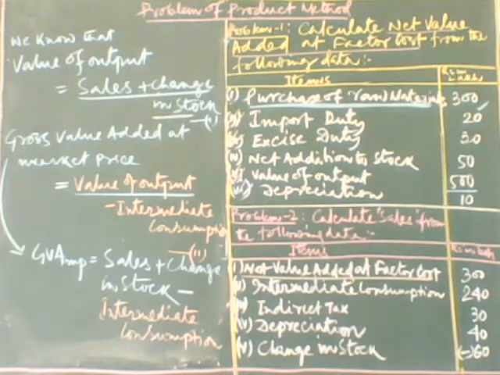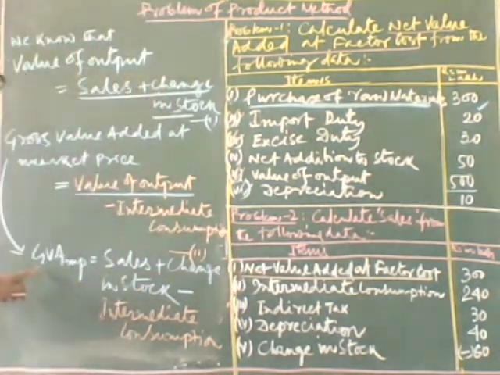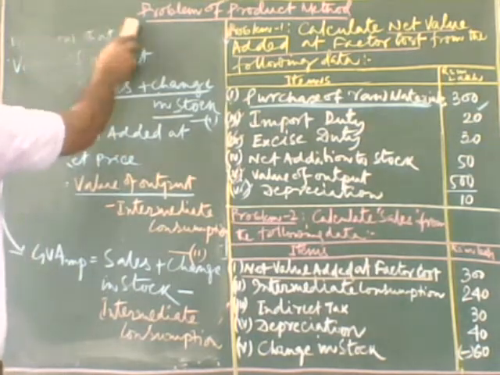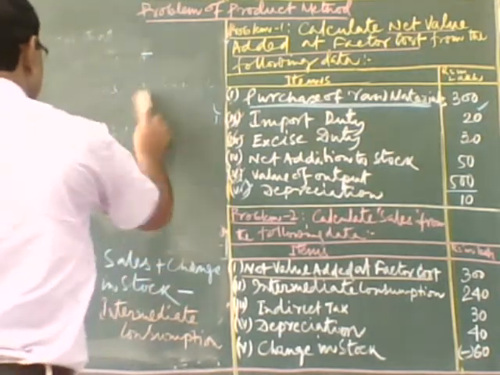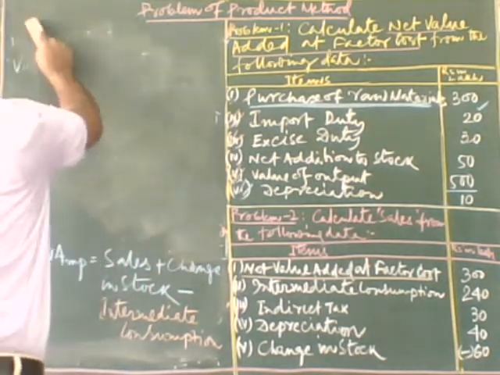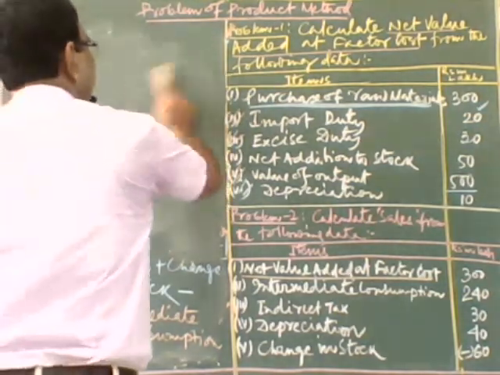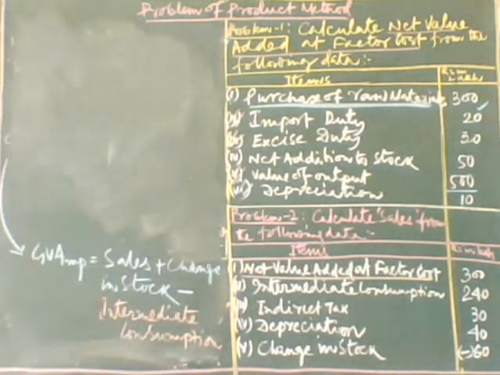Because here the question does not directly give the gross value added at market price. So first we have to calculate GVA at market price from net value added at factor cost.